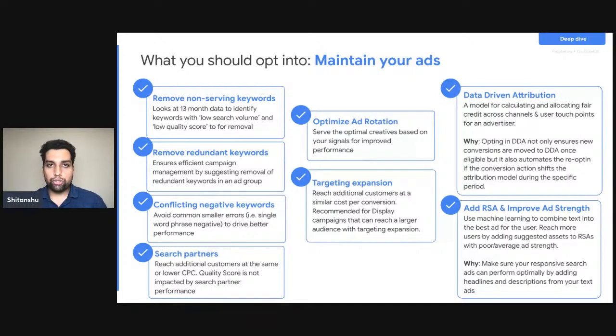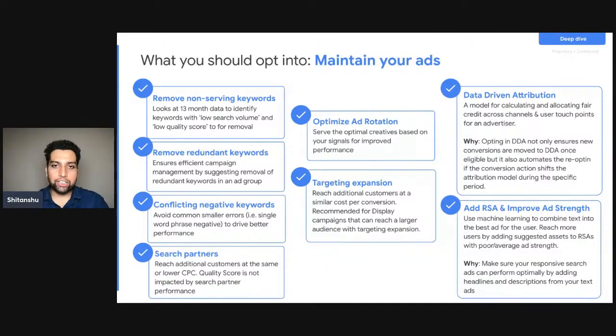Now, just so you know, by just improving your ad strength from poor to excellent, you can get around 9% of additional clicks or conversions for your campaign. And hence, it's very critical for you to have adequate and proper ad strength for your RSAs. And improve RSA ad strength does exactly that for you. It identifies such RSAs and improves their ad strength by adding additional assets in terms of headlines and descriptions.